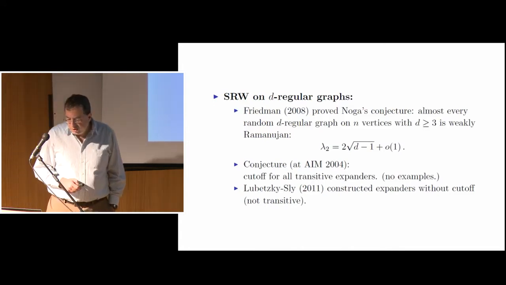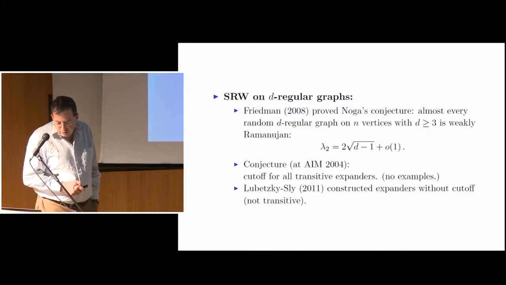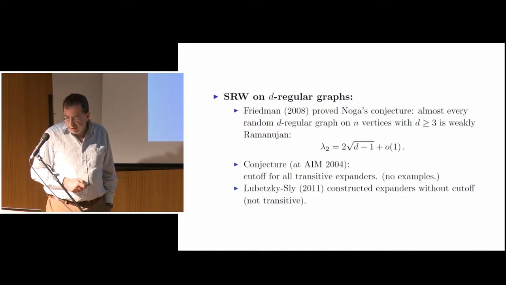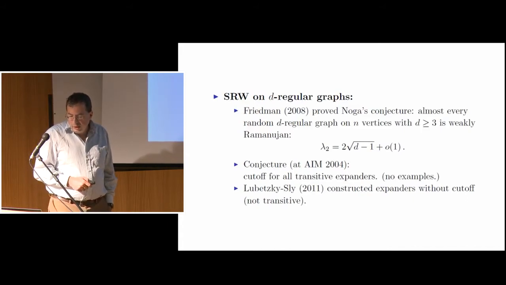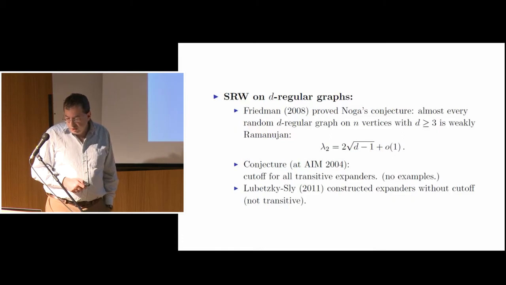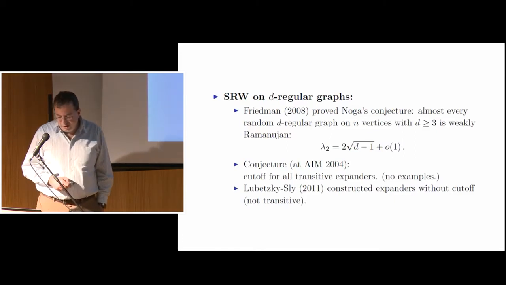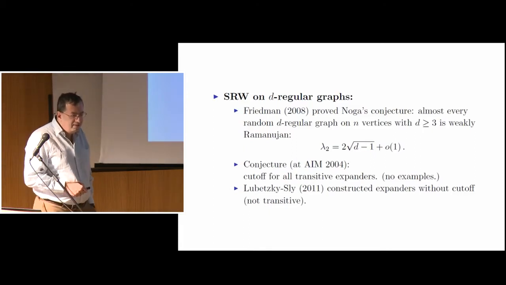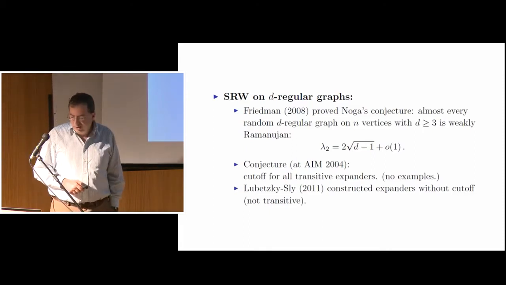And one conjecture which is still open that I made in 2004 is that cutoff holds for all transitive expanders. And this we still don't know, and until this work, we didn't know even a single example of a transitive expander family with cutoff.